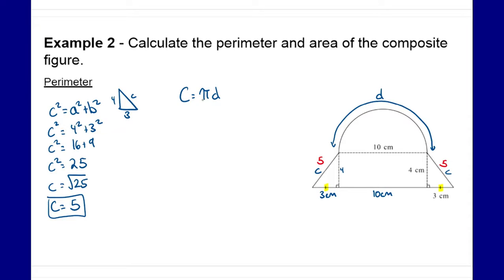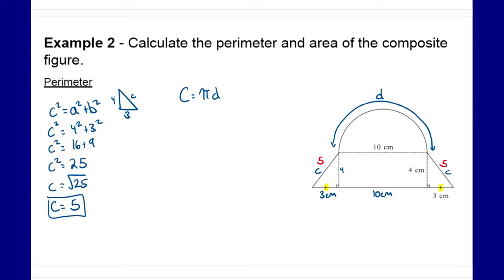We're using pi times diameter because we have the diameter of our circle, right? The diameter is this distance across, from one edge of my circle to the other, right through the center. So I have the diameter, so I'm using the pi times diameter formula.